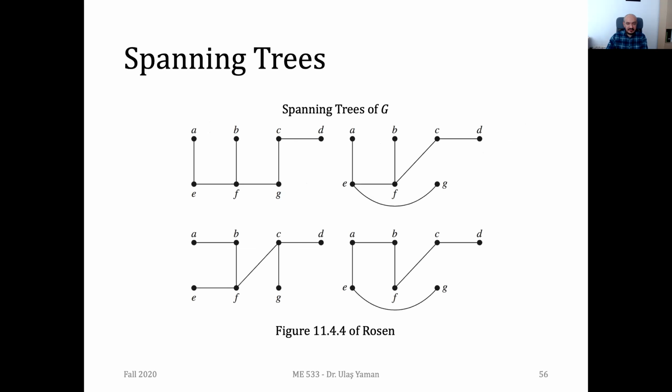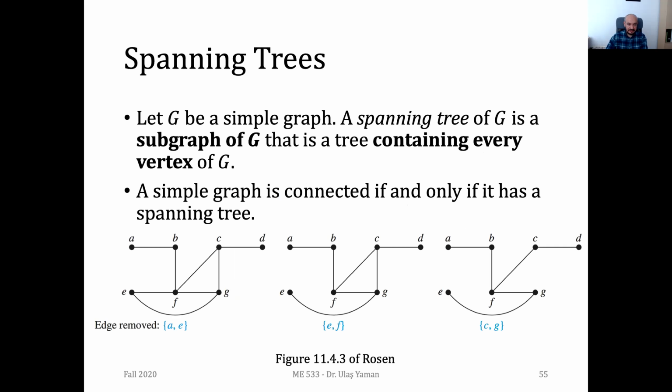So now let me show you. You can assume that this is our original graph. And now what we are doing, we are removing some edges, so that at the end we will obtain a spanning tree.